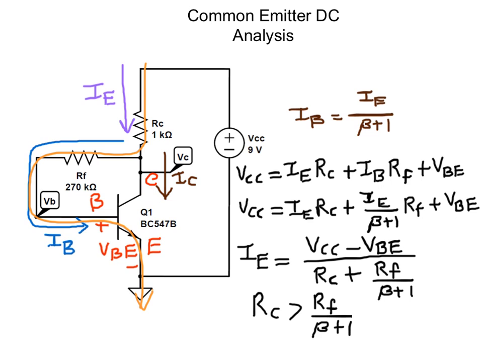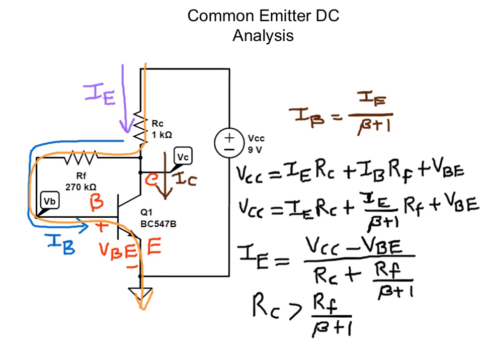Since the collector current is very close to the emitter current, if we design this circuit such that the emitter current is insensitive to beta variation, then the collector current would also be less affected by beta, and therefore we would achieve a much more stable DC operating point.